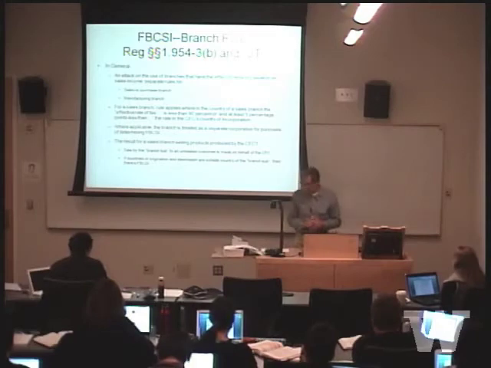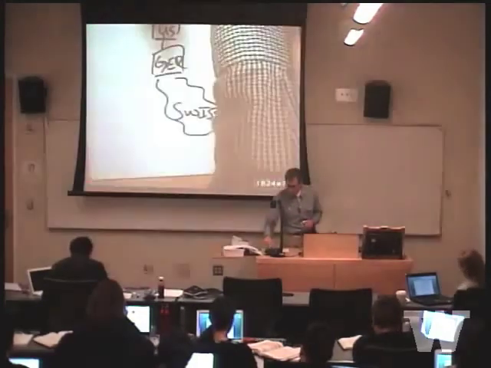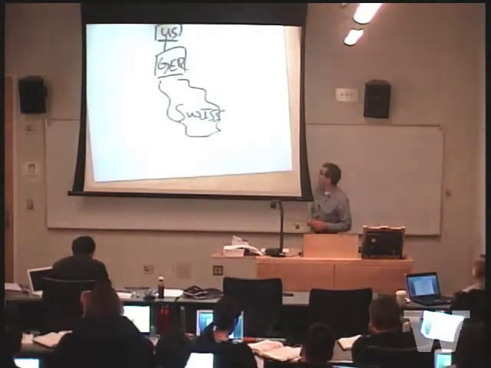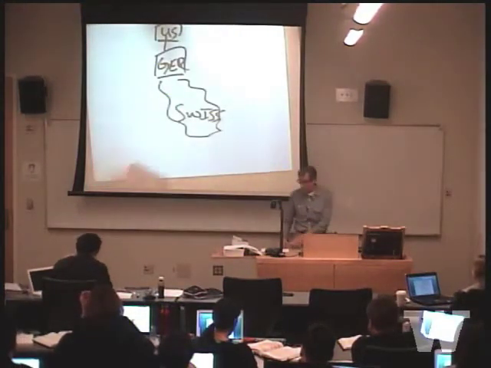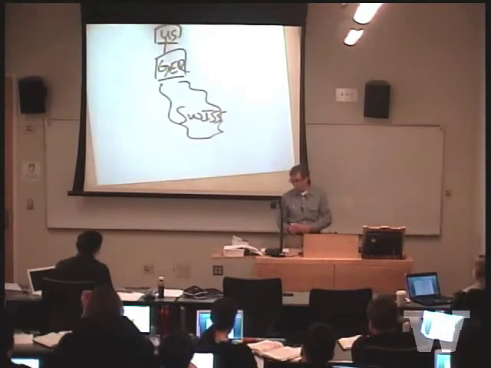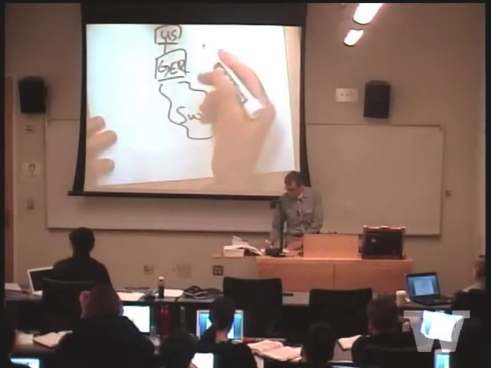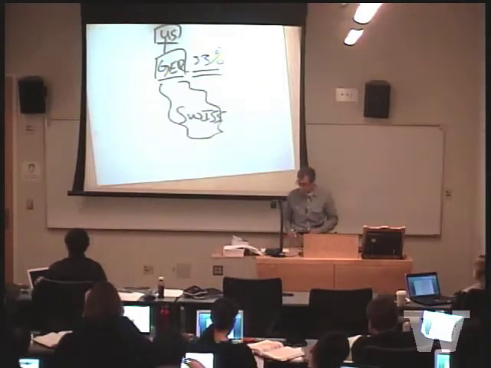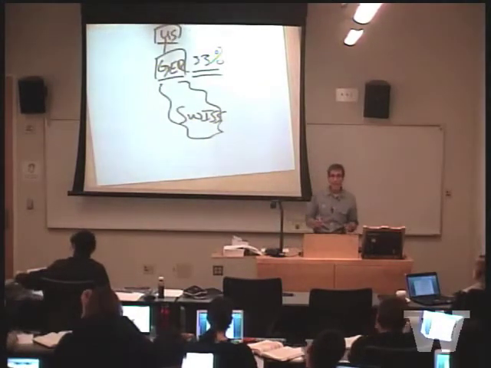Now, let's say, for example, that you have a situation where you have a company in Germany which, let's say, has a 33% rate, and it is manufacturing in Germany.